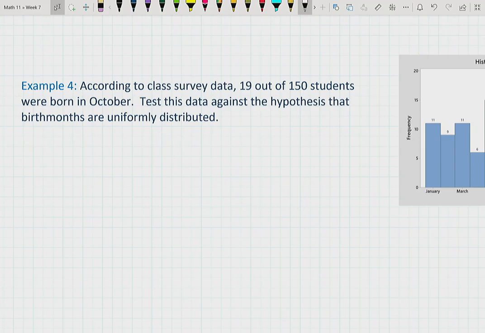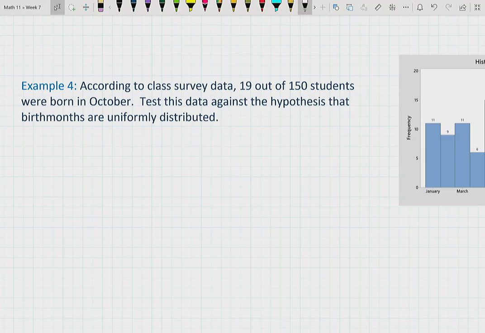So, okay, I came up with an example involving birth months. I used the class survey data about what months you were all born in. And I'm going to make this question about October babies, okay? So we had 19 October babies in 150 respondents to the class survey.